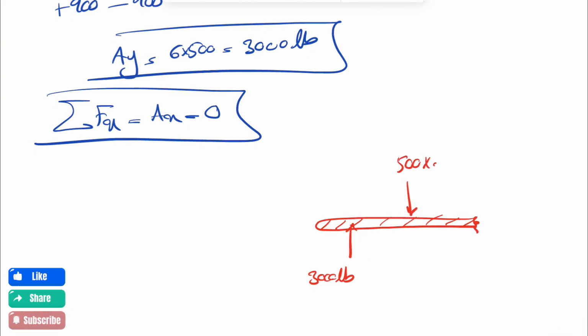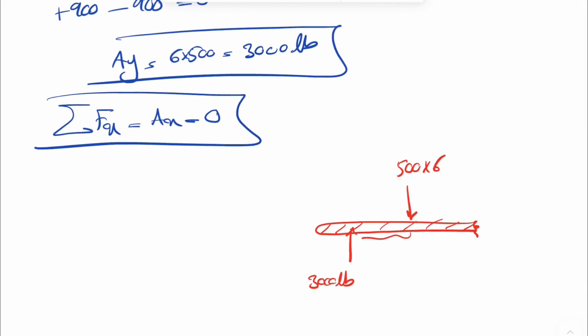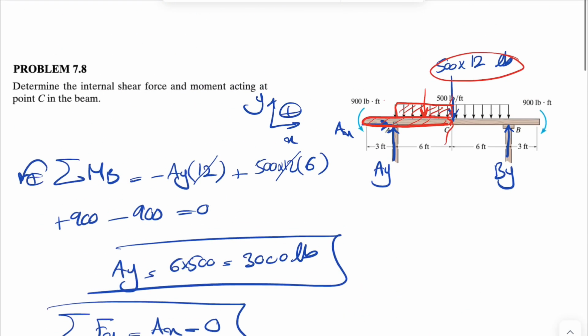The force would be 500 times 6 instead of 12 this time, and the distance would be half of 6 feet, or 3 feet on each side. And at point C, we have another moment of 900 pound-foot at the left end of the beam, this one.